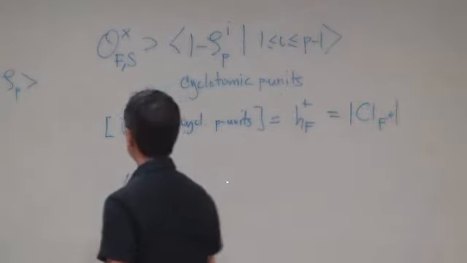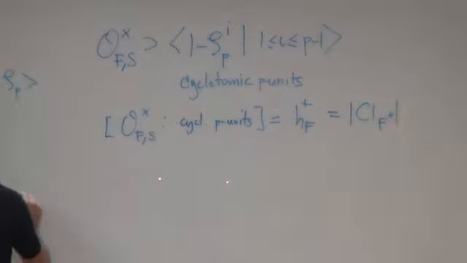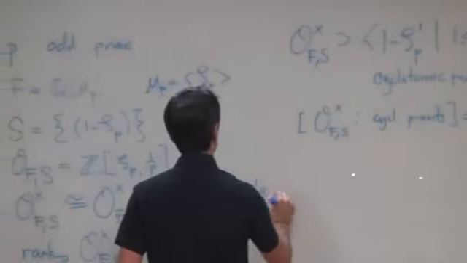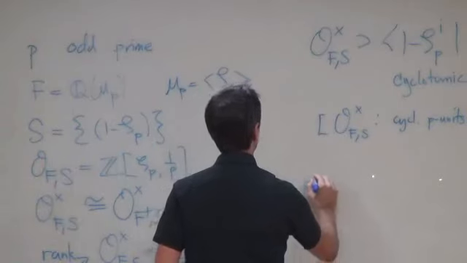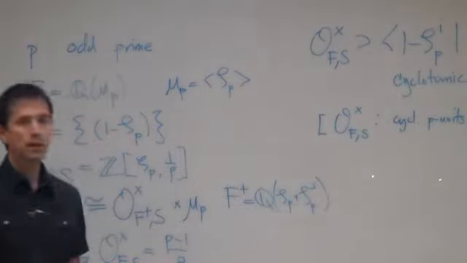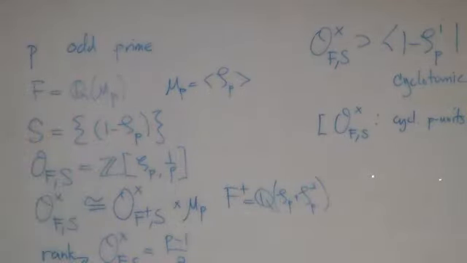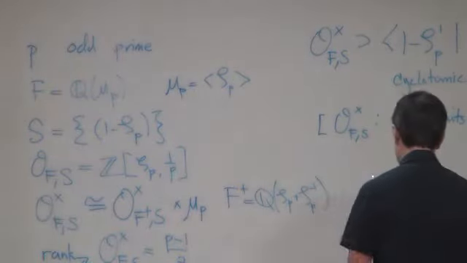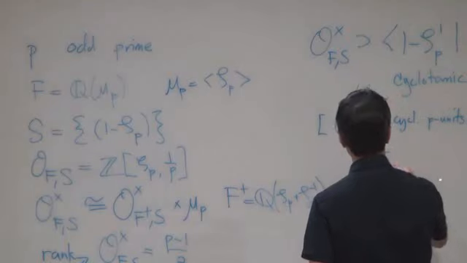And F plus is, of course, Q(zeta_p plus zeta_p inverse). Okay, so now I want to take p-completions of everything, like I had in my last talk, so I can use cohomology, for instance.